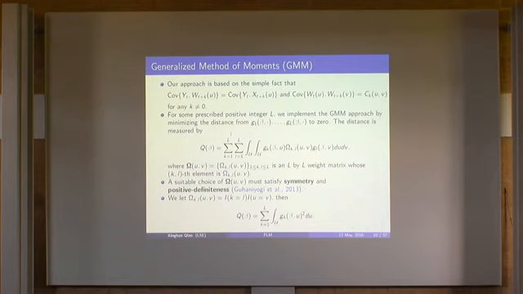A suitable choice for this functional matrix will satisfy symmetry and positive definiteness, as we require for the scalar matrix. And to simplify the calculation, we just assume that for k equal to L and u equal to v, this is 1, otherwise it's 0.